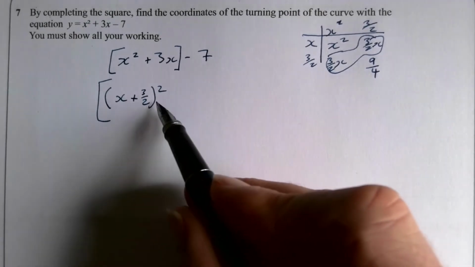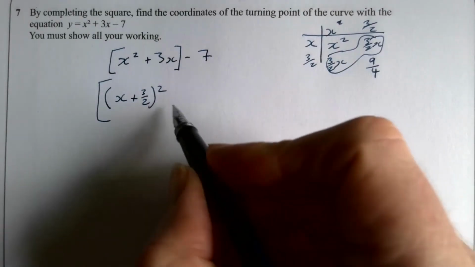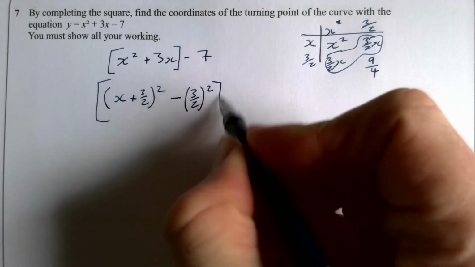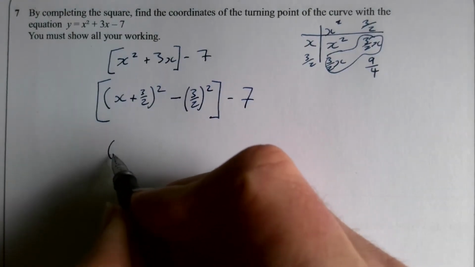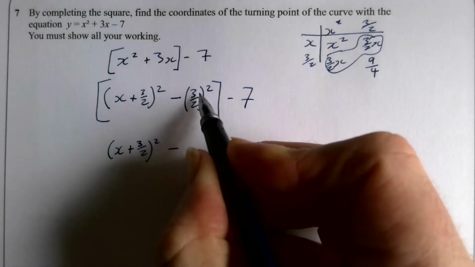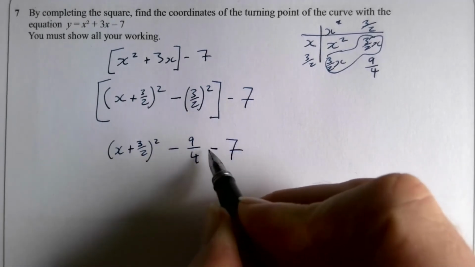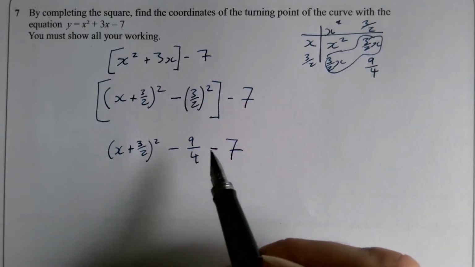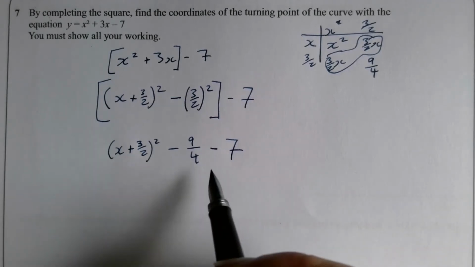So this squared is equal to that plus that, and we don't want that, so we need to take that away. So what we do in terms of writing is we just write that down, and then we worry about sorting this stuff out. So then I'm going to say, right, it's going to be x plus 3 over 2 squared, take 3 squared is 9, 2 squared is 4, and then I'm also going to have that negative 7. And then I'm going to think about what I do for this. Now, they're quite happy with leaving things as top heavy fractions, and that's probably the easiest way to do it.